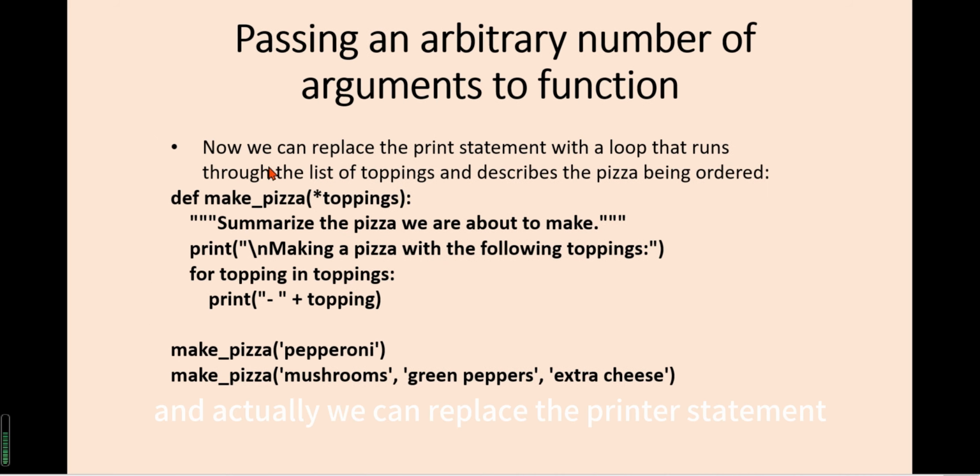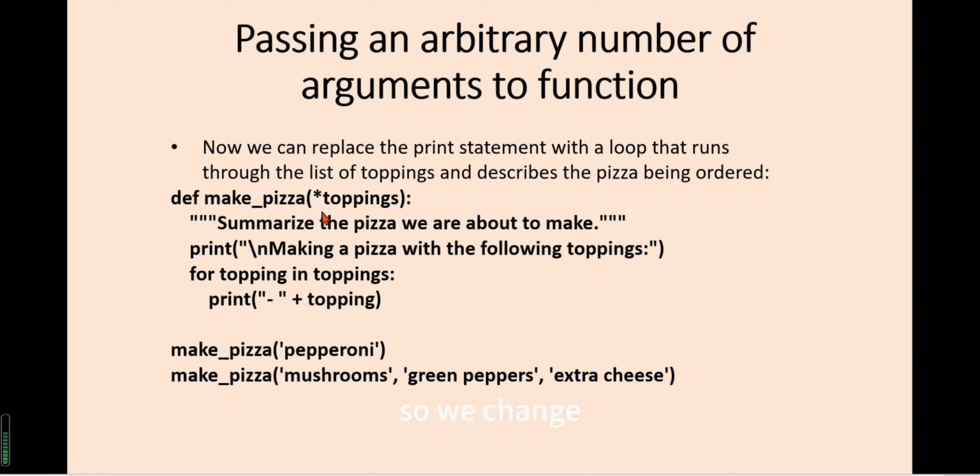And actually, we can replace the print statement with a loop that runs through the list of toppings and describes the pizza being ordered, because a tuple is a type of list, but the difference is we cannot modify items inside the tuples.